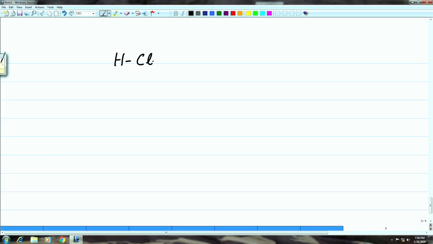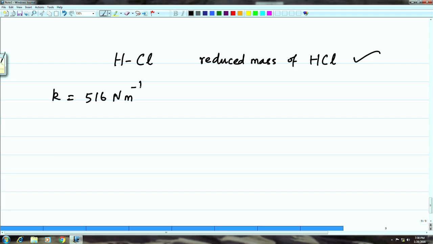Some data are known to us, namely the reduced mass of HCl. If we are given the force constant k as 516 Newton per meter, please remember Newton is kilogram meter per second square.